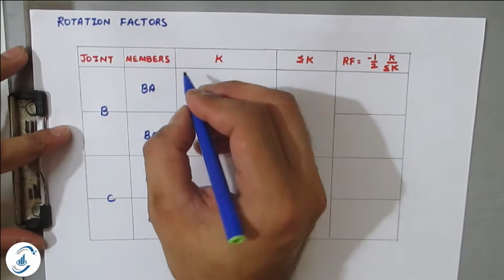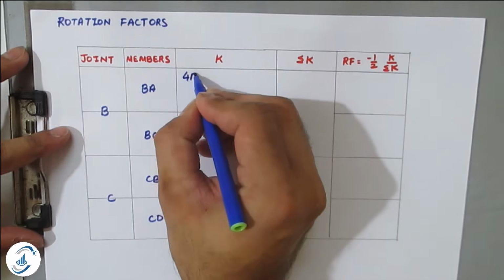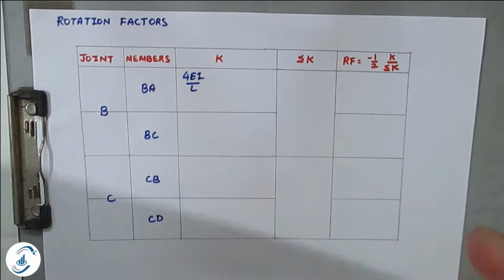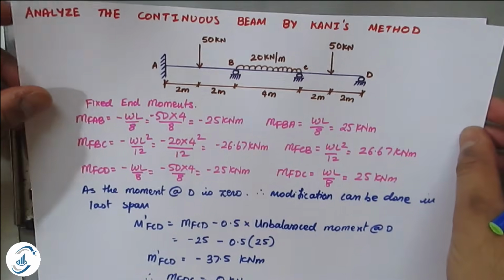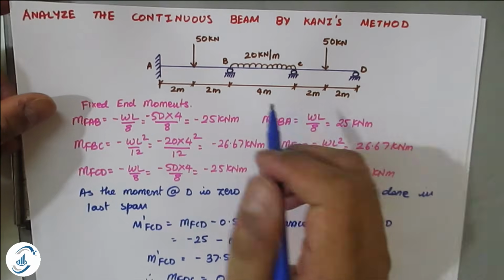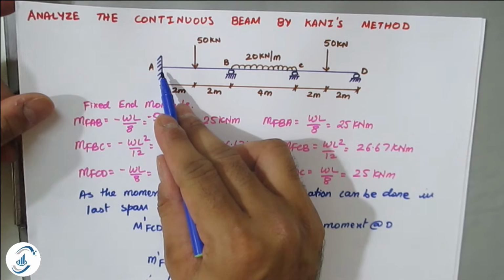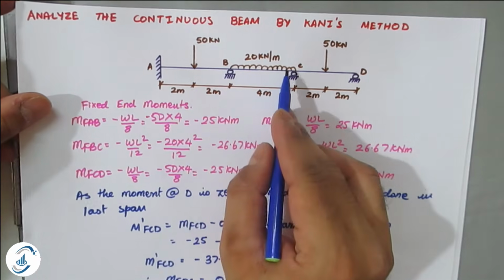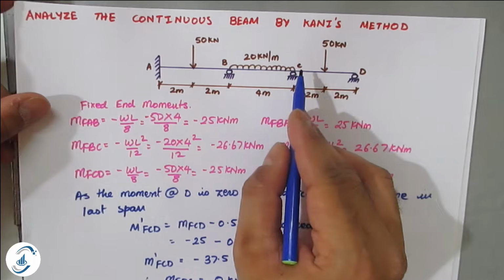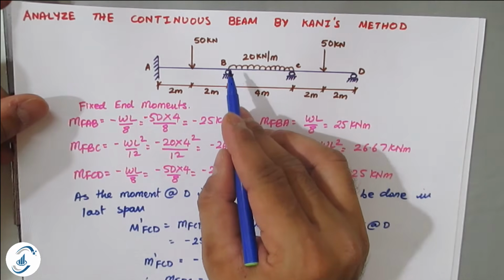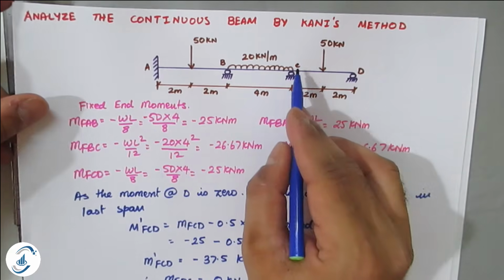For BA it is 4 EI by L. I have explained in the moment distribution method also where the stiffness was changing. BA is 4 EI by L because the last end is fixed, so no change in the stiffness. BC also will be 4 EI by L because after C there is one span. CB also 4 EI by L because after B there is a span, and CD.